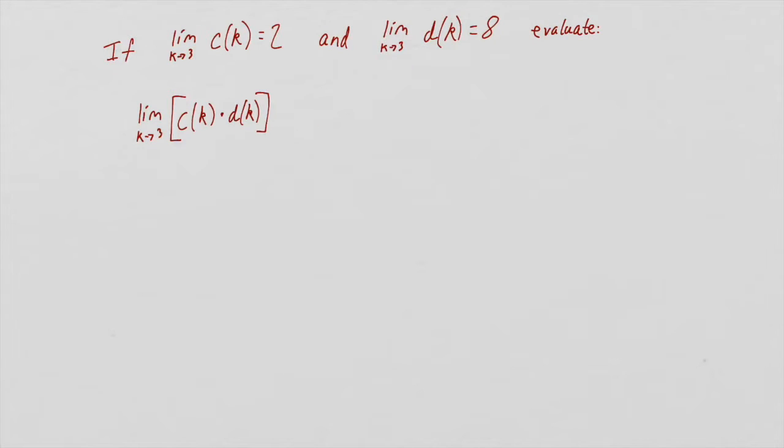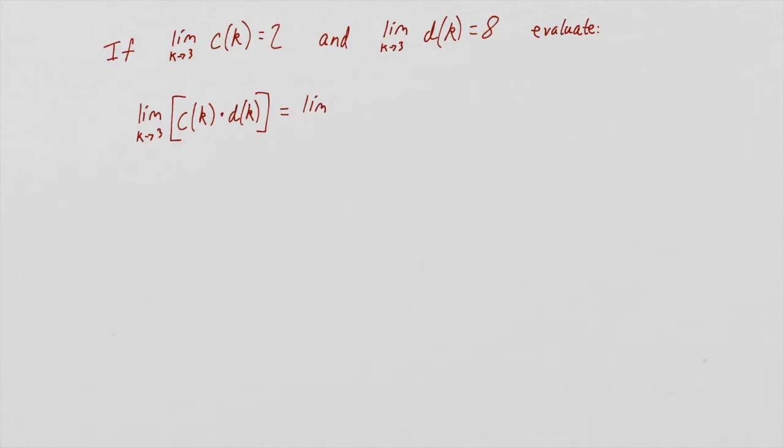Alright, we're going to do some new functions here. If the limit as k approaches 3 of c of k equals 2, and the limit as k approaches 3 of d of k equals 8, evaluate the limit as k approaches 3 of c of k times d of k. This is going to be the same as the other two, really. We use multiplication, but we're just going to separate this.